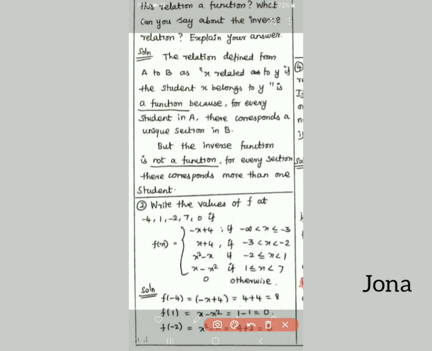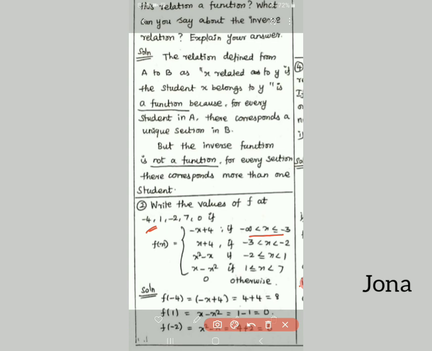So here look at the first number. We want to find the value of f at -4. We should find in which interval -4 is contained. Obviously it is the interval minus infinity less than x less than or equal to -3.